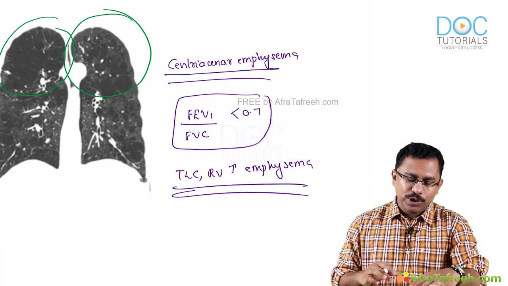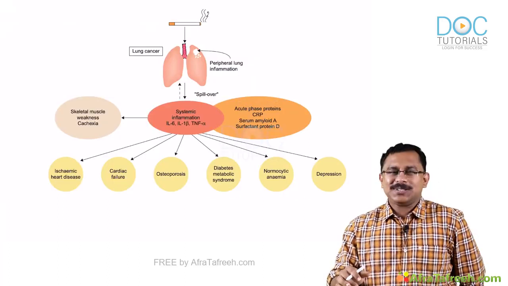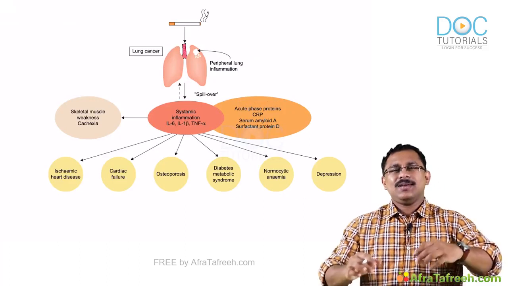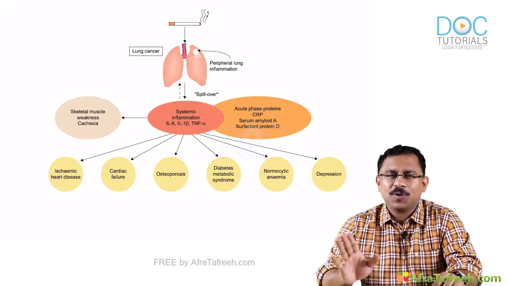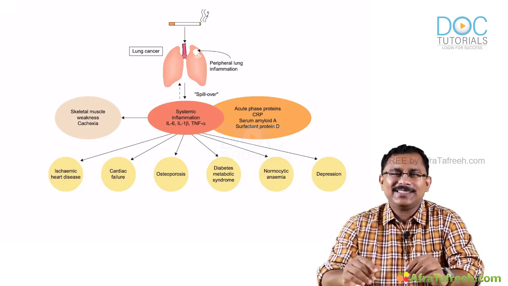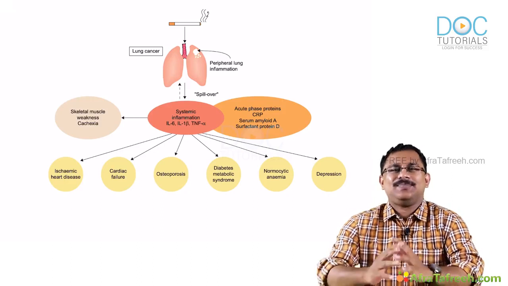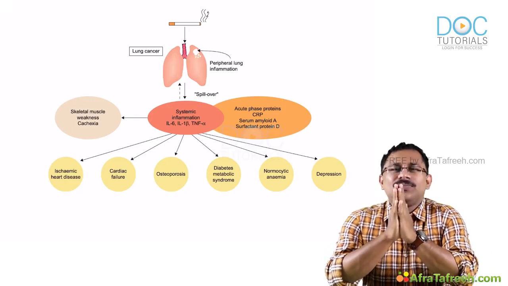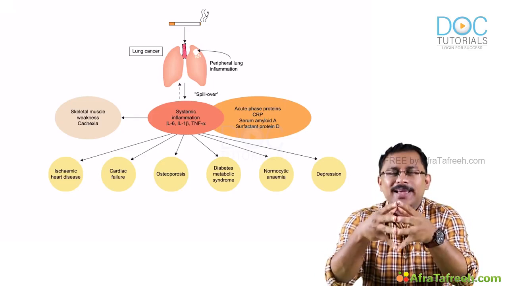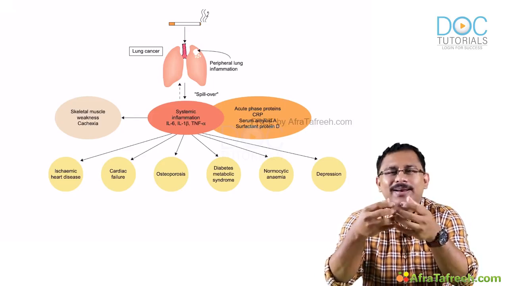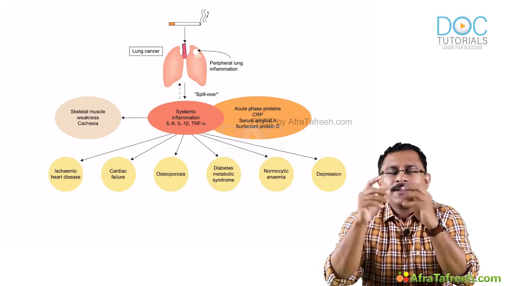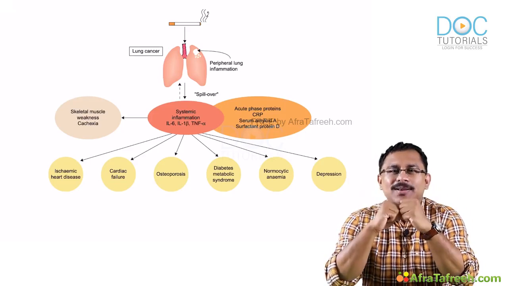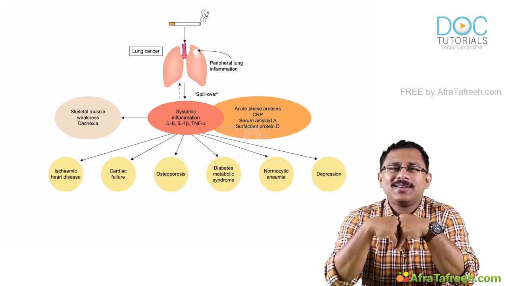And you remember I told you in chronic obstructive pulmonary disease, you might have systemic inflammation, which is more prominent in your emphysematous subtype. What is that? See, I told you this COPD is a chronic inflammatory disorder as well. Now, when something is an inflammatory disorder, you will have a release of what?